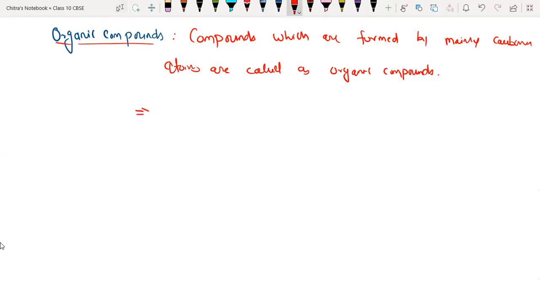I'm just writing very important carbon compounds here. Carbon dioxide.